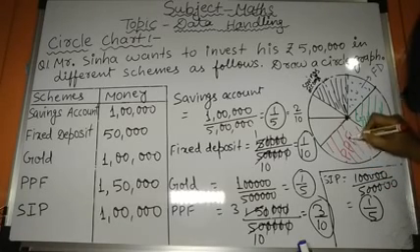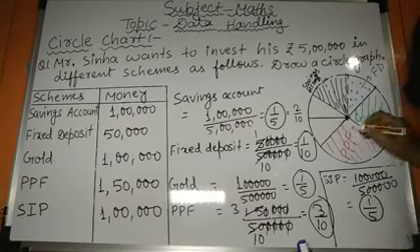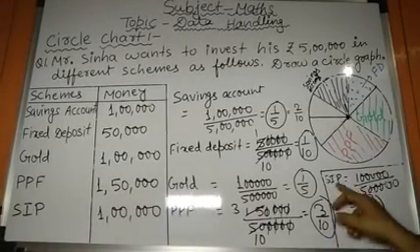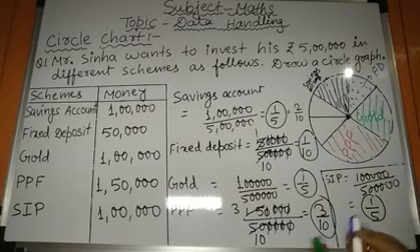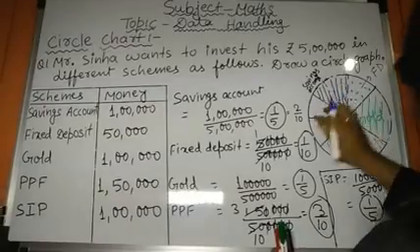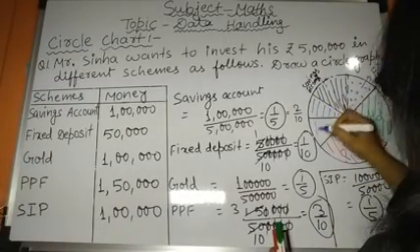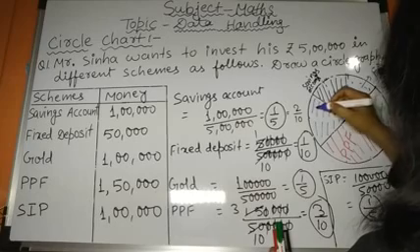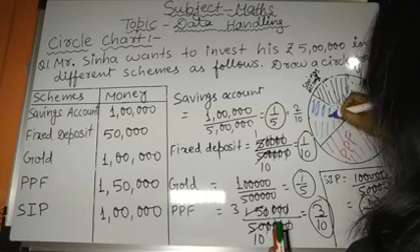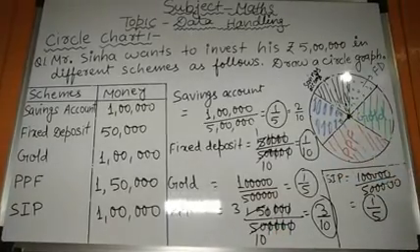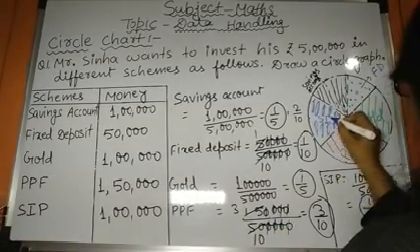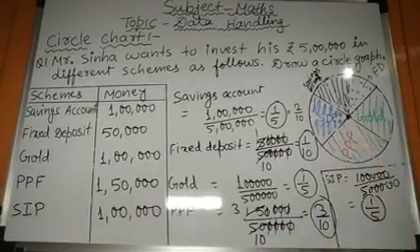This is for PPF. Now next is SIP. 1 upon 5 means 2 upon 10. So here again we take 2 parts. We can mark it with different symbols so it will be easy to understand. This is for SIP.